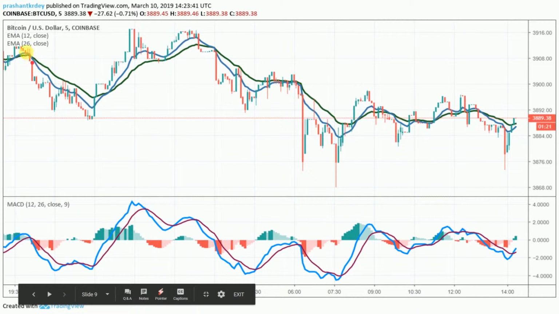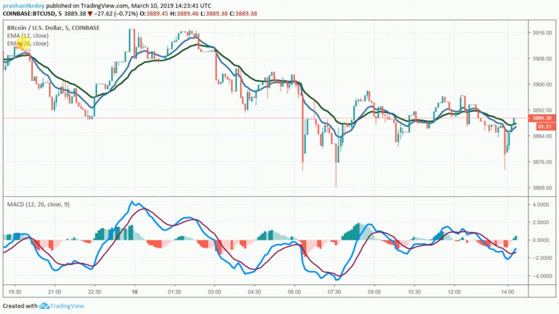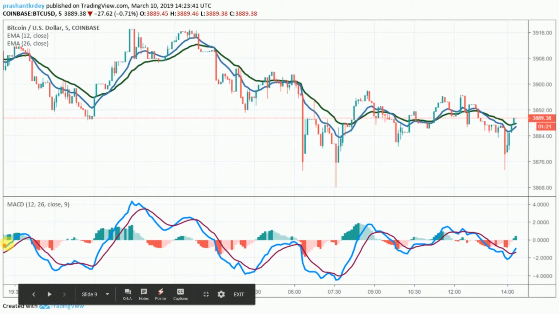The top one is the two EMAs graph, that is the 12 and the 26. This blue line is the 12 EMA, and the green one is the 26 EMA line. The difference of these EMAs forms the MACD line, which I have already drawn into the second graph, that is the MACD one.